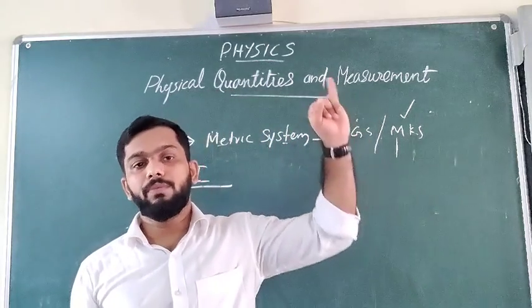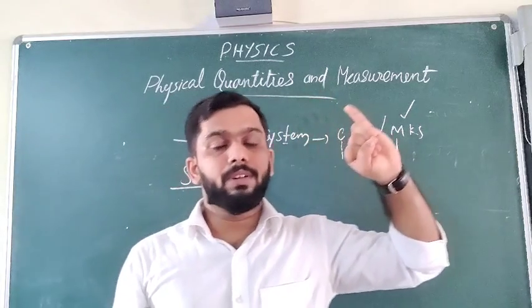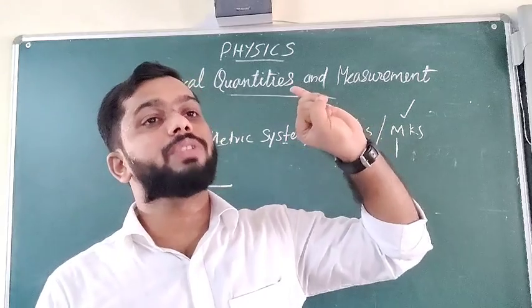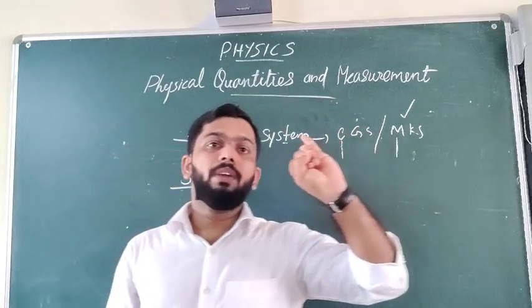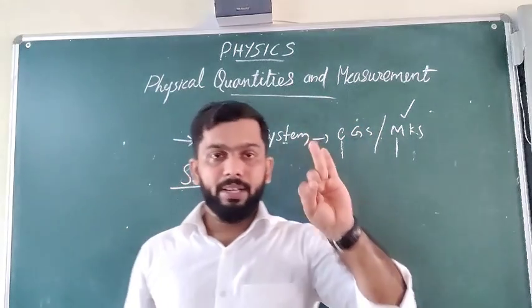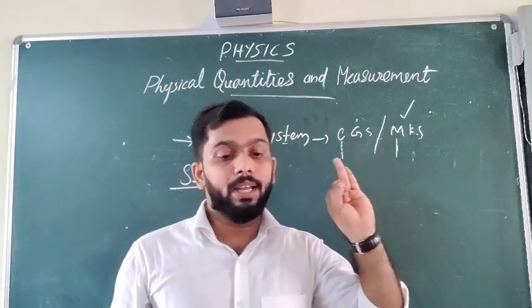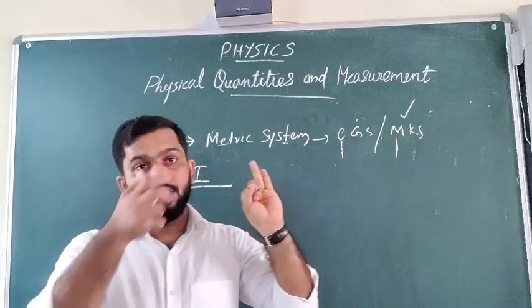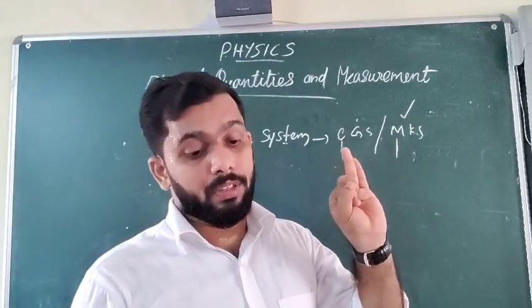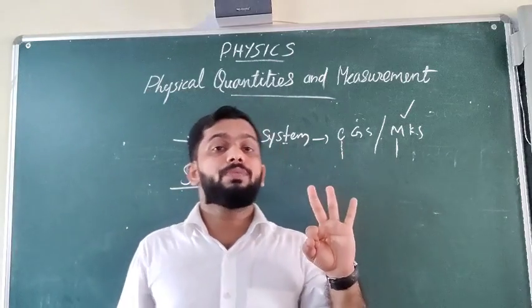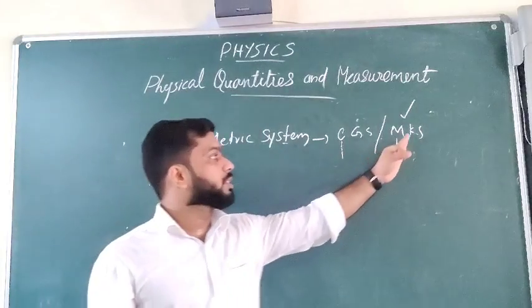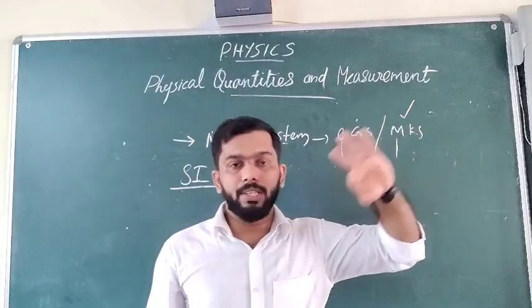So we have moved from the first traditional system, then after 1791 we have seen the metric system. In the metric system, two systems were there, CGS and MKS. In the beginning of the 20th century, the MKS system became more popular than the CGS system.